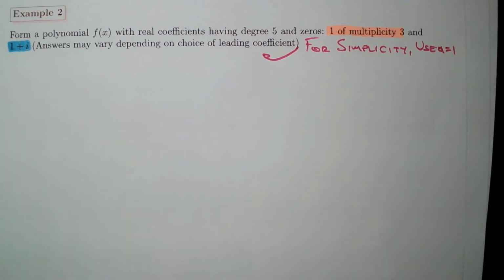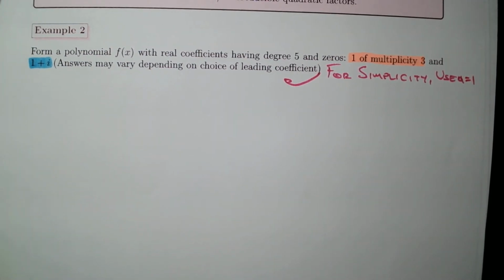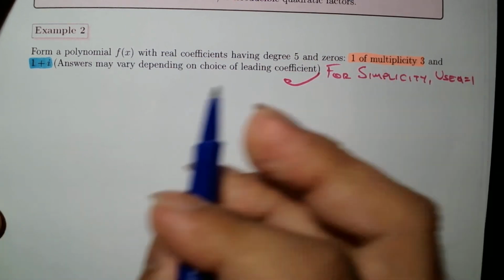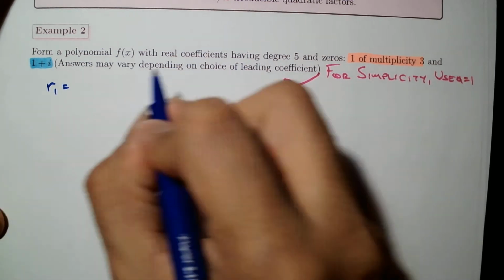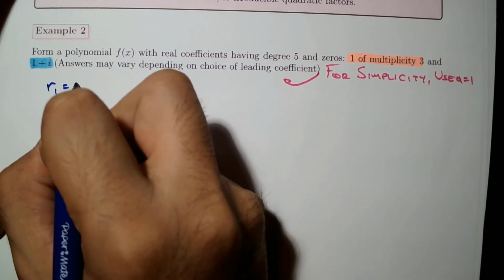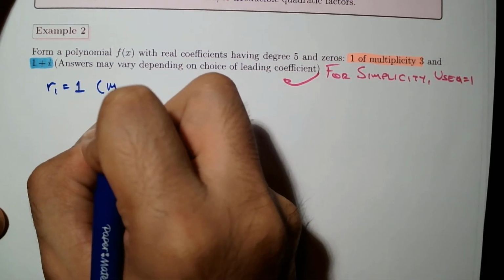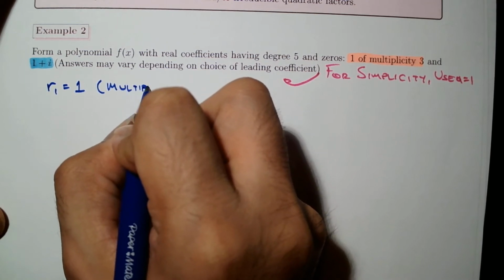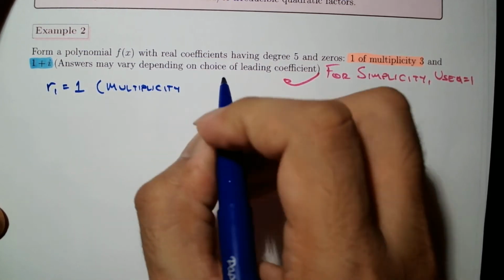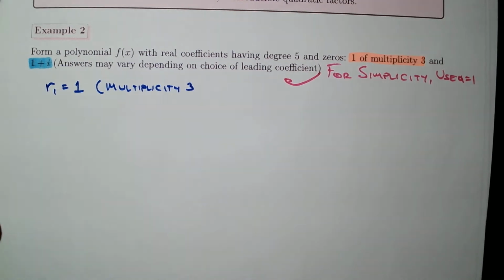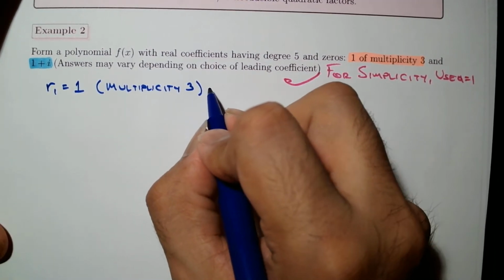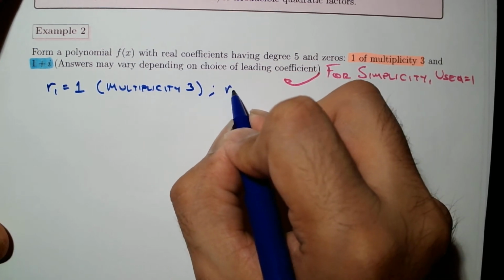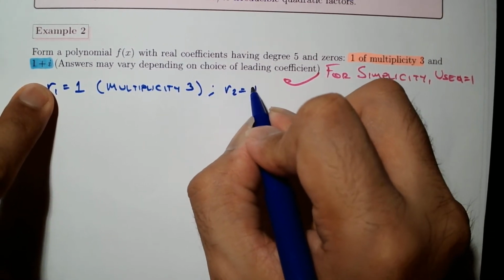So that means we have R1, which is 1 of multiplicity 3. Then they are giving us another zero, R2, which is 1 plus i.